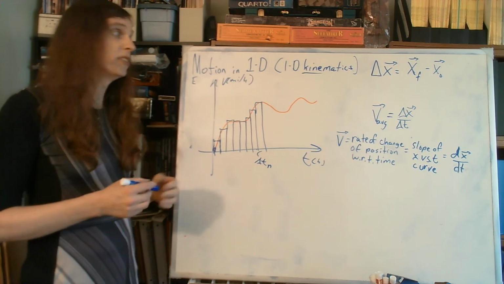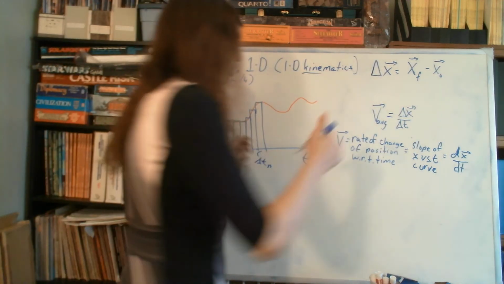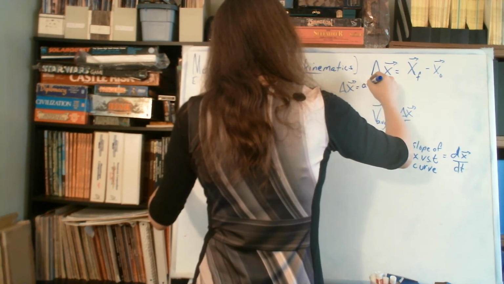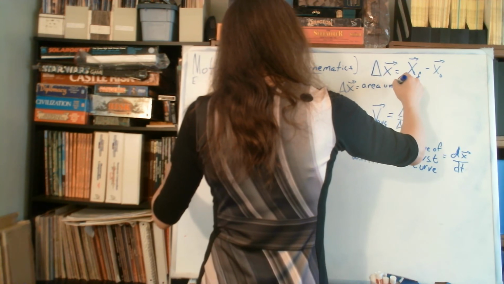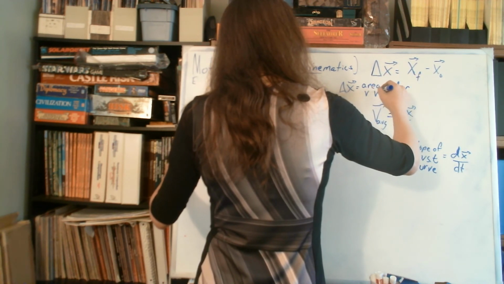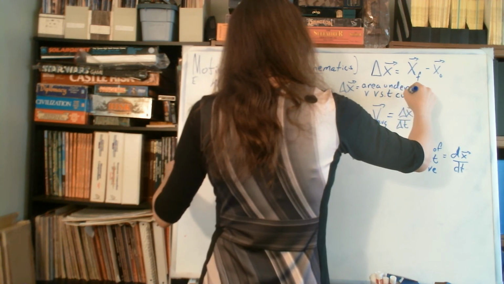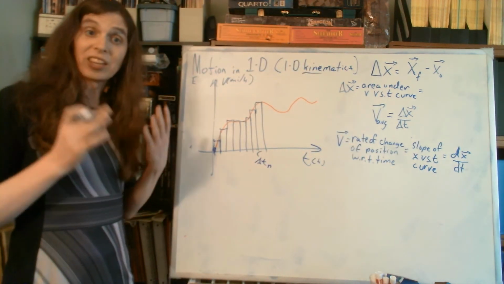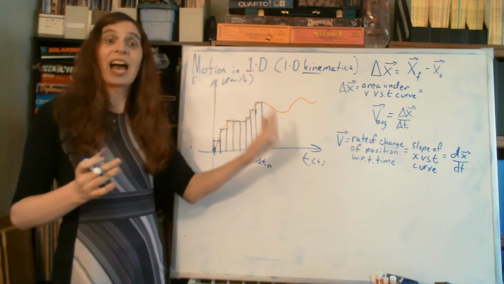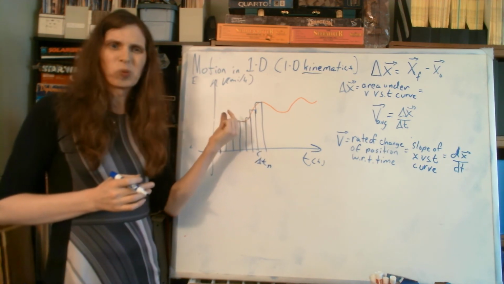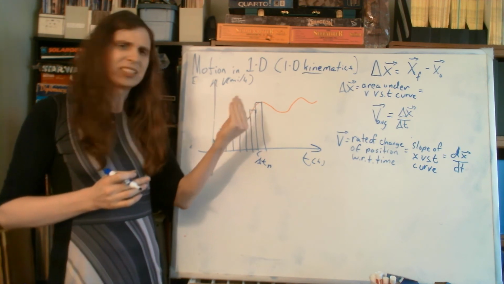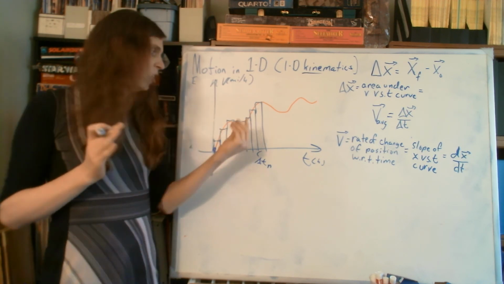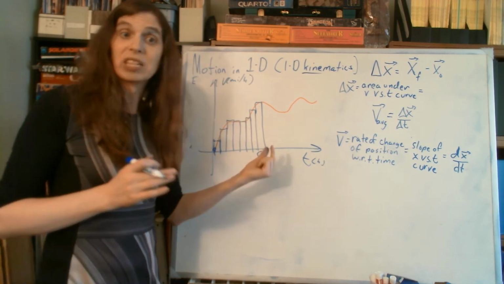So what we imagine then is that this displacement is the area under a velocity versus time curve, and it's the sum of all of these rectangles added together, but they're not regular rectangles. Just like we had to make the slope, where the rise and the run were infinitesimal changes, we've got to make these strips of time infinitesimal.